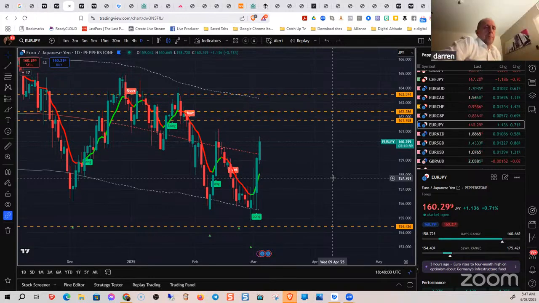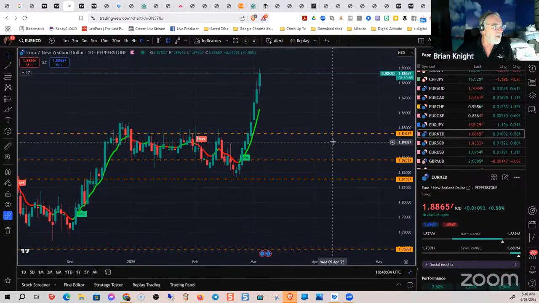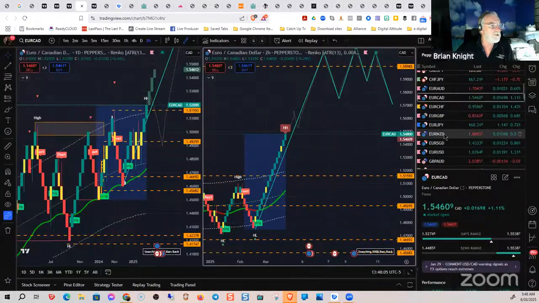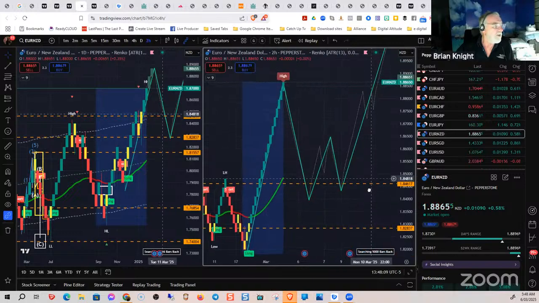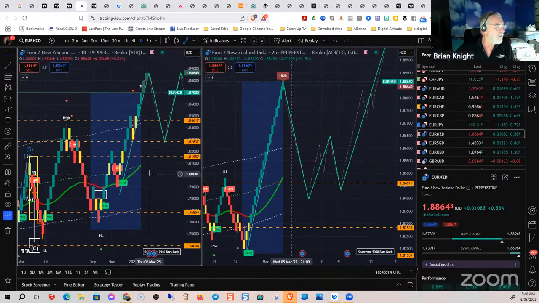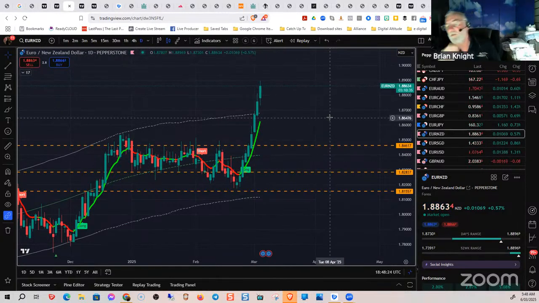So Euro NZD again. Look at that rocketing back up there. What does the Tom chart say? Oh no, it's going to pull back, just like the AUD. Rightio. So maybe we use this as a reference, Darren, of will we get into the sell?